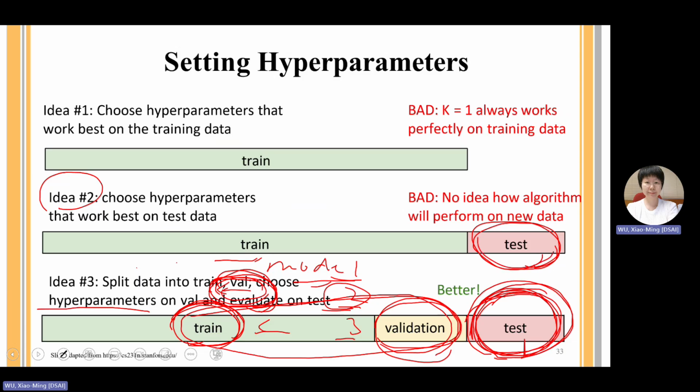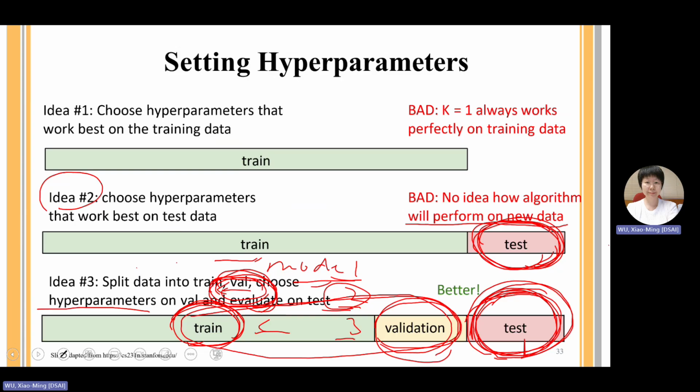If you use test data for hyperparameter selection, you may train your model to fit the test data, and you will never know how your model performs on new data, because you don't have other data left for evaluation.